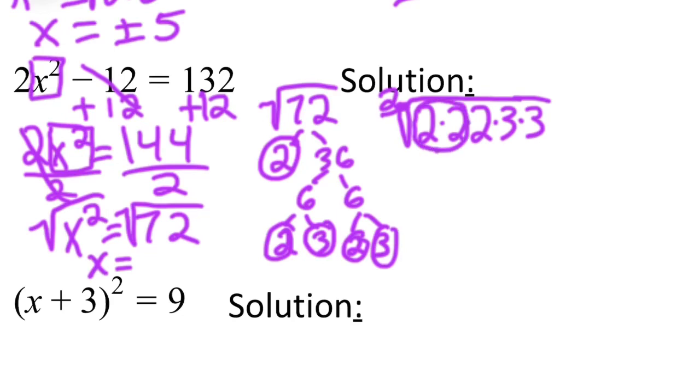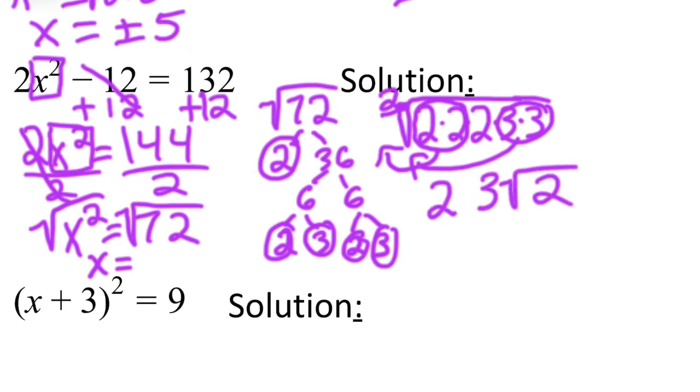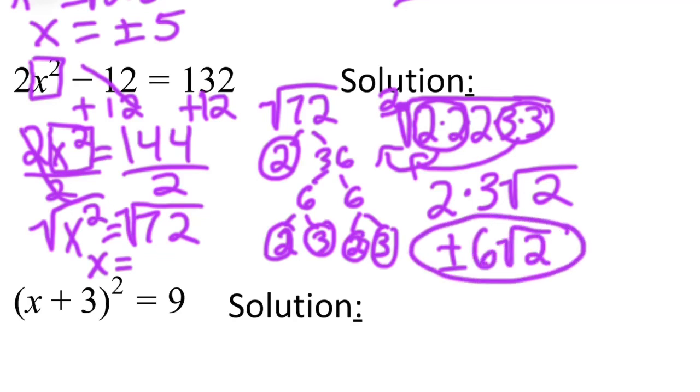So 2 2's, get married, move out of the house. There's 2 3's, get married, move out of the house. So we have a 2 out front, a 3 out front, and a 2 left underneath the radical. There is multiplication in between. So we have a plus or minus 6 times the square root of 2. And that is what our x equals.